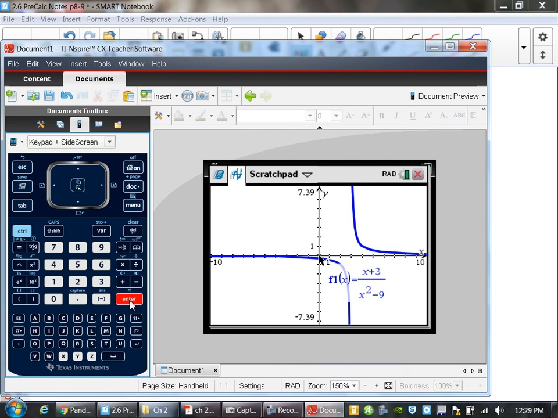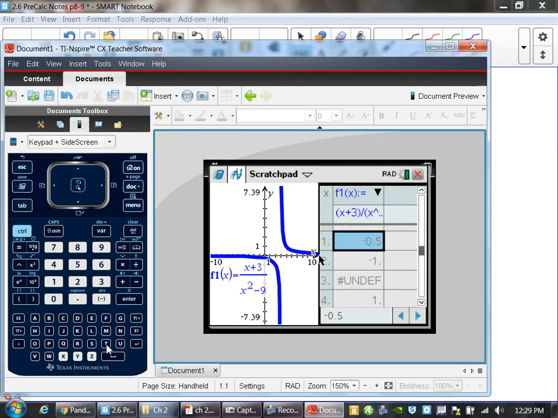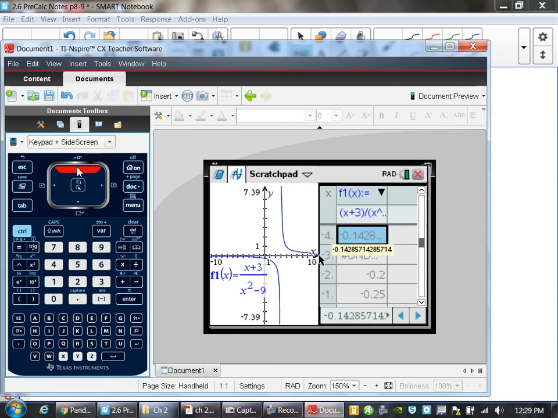It calculated. And if you look at your table, using my Control T, if I scroll through, see at -3, it goes undefined again. Not so scary?